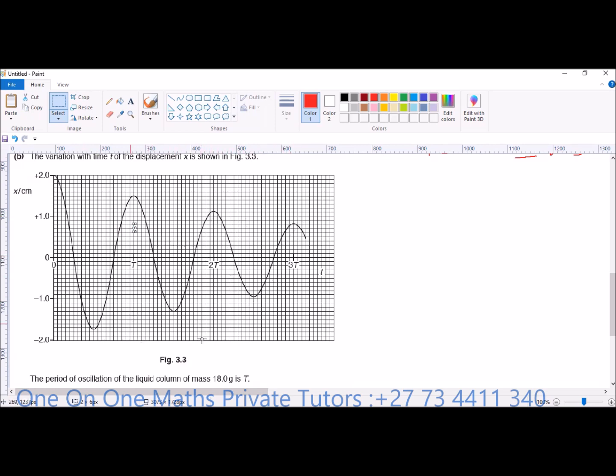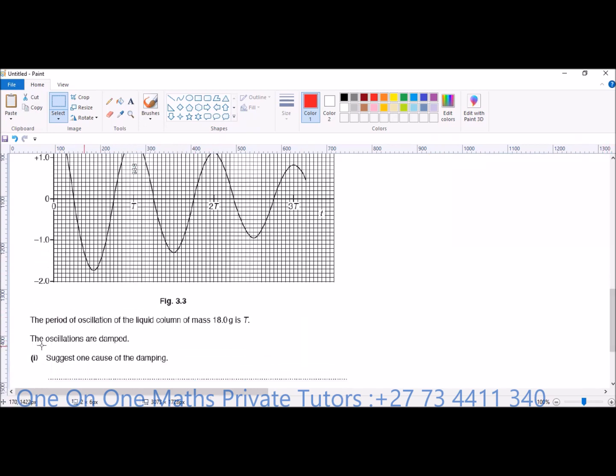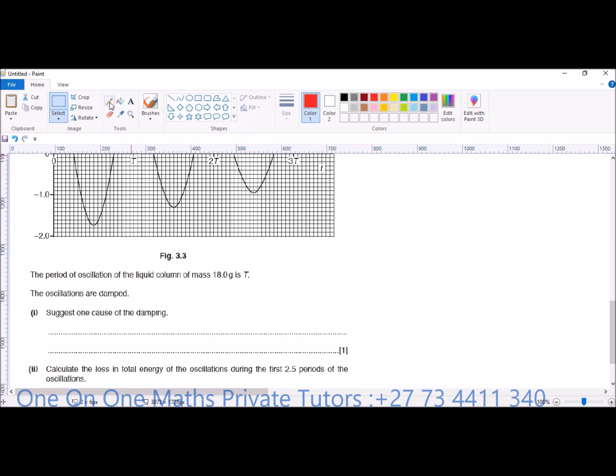So that is the oscillation, and you can see the period is the same. The period is not changing. The oscillations are damped. What is damping? The loss of amplitude as the oscillations go on.